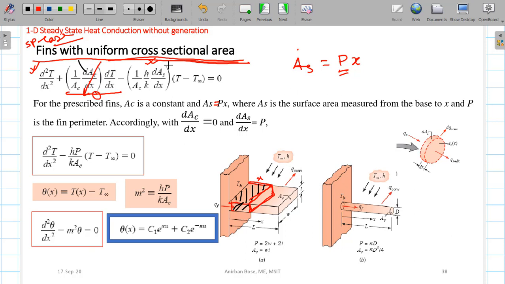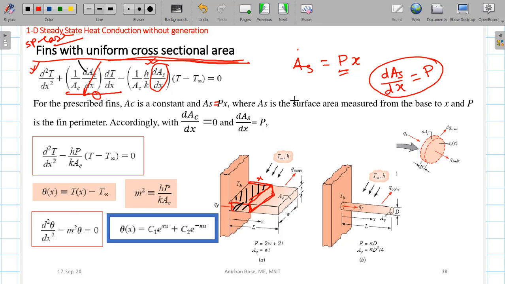So it is clear that if the surface area is Px, then dAs/dx, if you differentiate, that quantity is nothing but only P. So this is one thing.